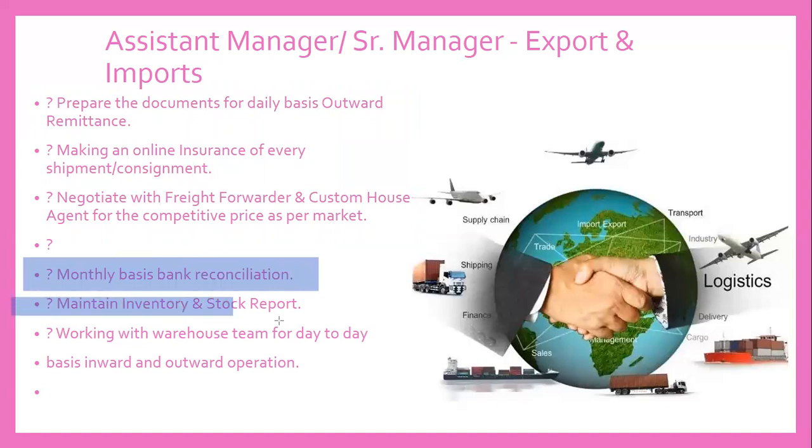You also have to maintain the inventory and stock report. For the export, you have to check the inventory availability in the warehouses, what your future forecasting is, and how many items need to be ready for the export.